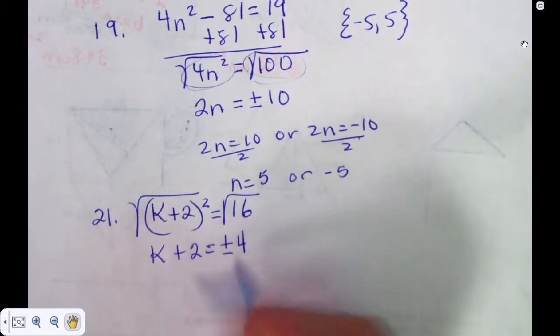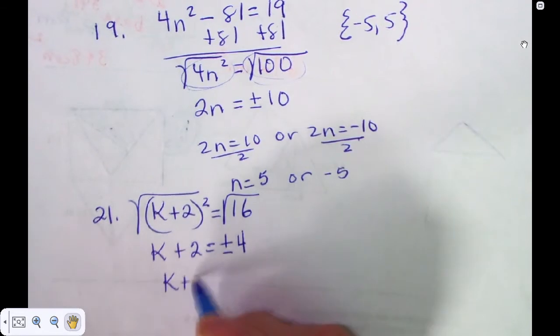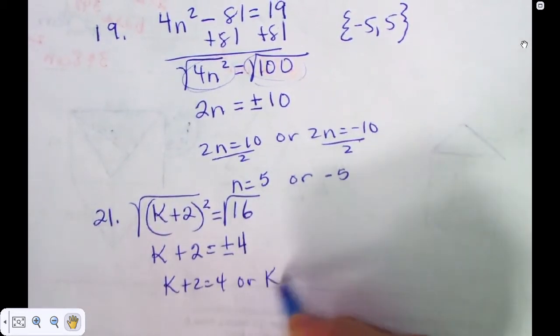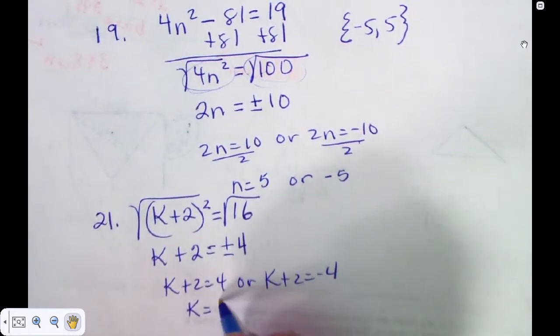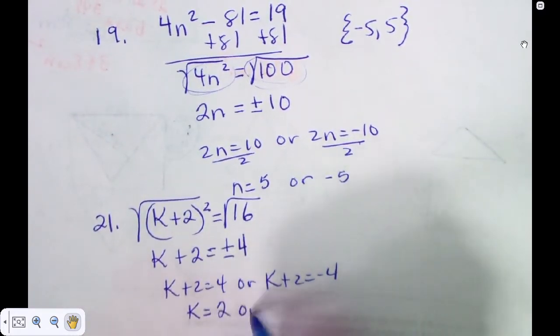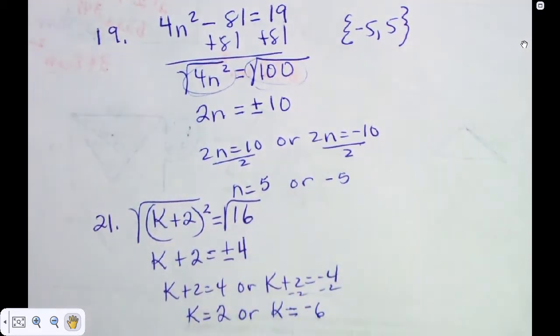And believe it or not, y'all are going to get to where y'all can subtract 2 and do both problems all at one time. But K plus 2 is 4, or K plus 2 is -4. So K is what? 2, or K is -6, huh? Yeah, be careful on those.